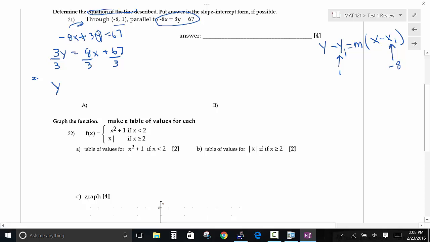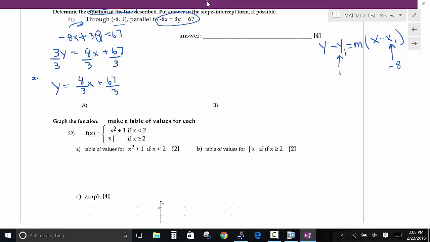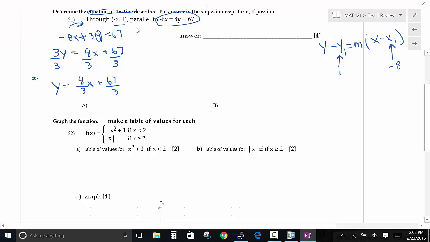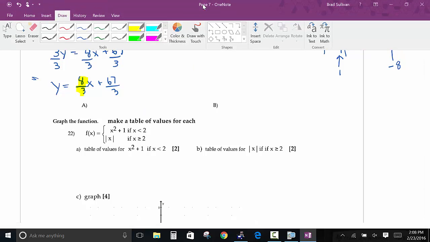So we get y is equal to 8/3 times x plus 67 over 3. Okay? So we solved it for y. So what's the slope? 8/3. It doesn't matter that 67/3 has no bearing on this problem whatsoever. What you're doing is you're finding the slope, see?